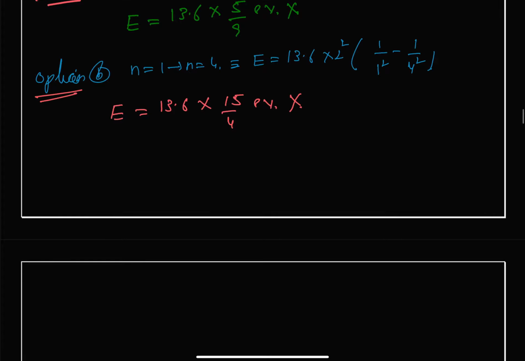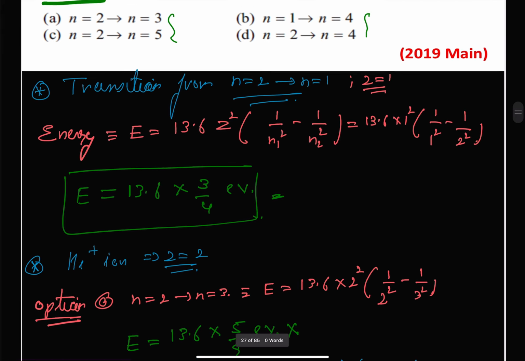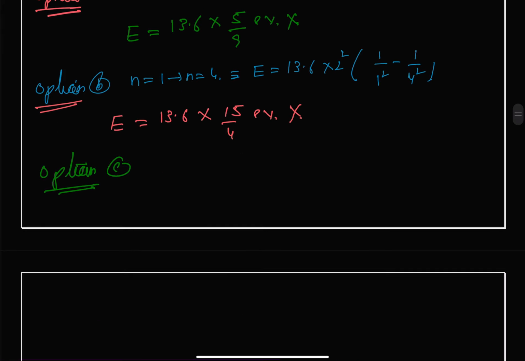We come to option C, which is 2 to 5. So we have n=2 to n=5.